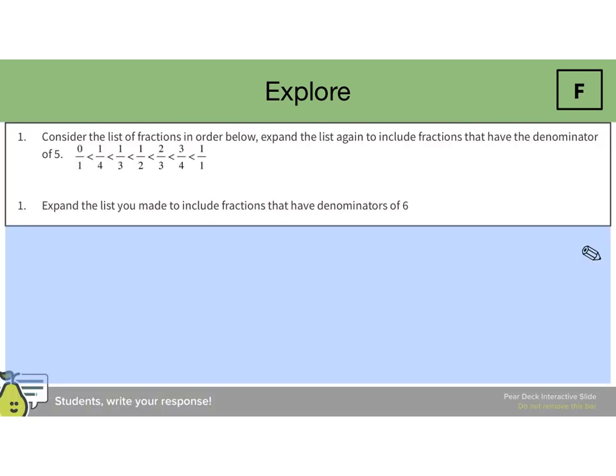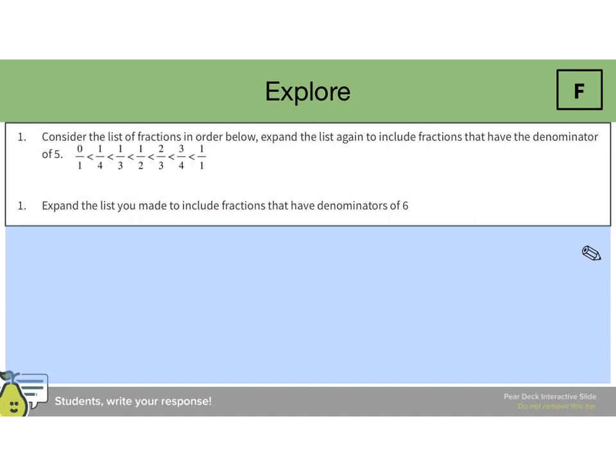After that explicit instruction, students are to consider the list of fractions in order below and to expand the list again to include fractions that have the denominator of 5, and they're going to do that again to include a denominator of 6.